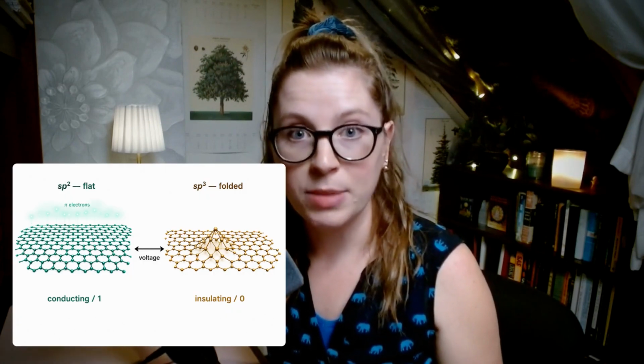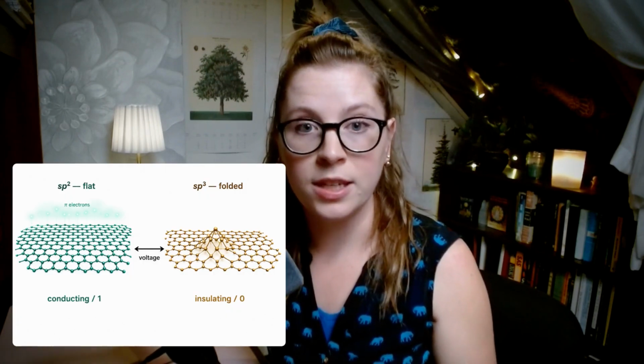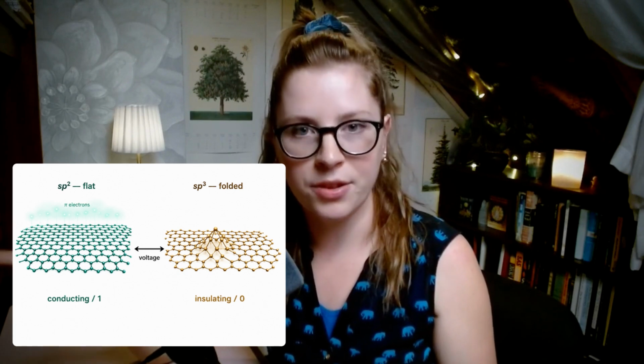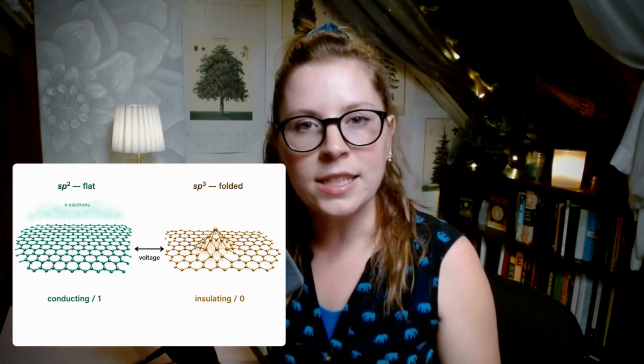And go back to those two arrangements. The flat conducting sp2 and folded insulated sp3. Take a single patch of the sheet and push it from one to the other. Flat, it conducts. We'll call that 1. Folded, it stops.